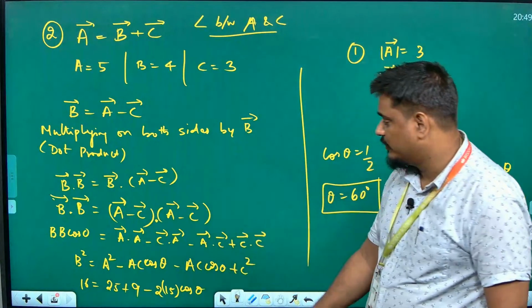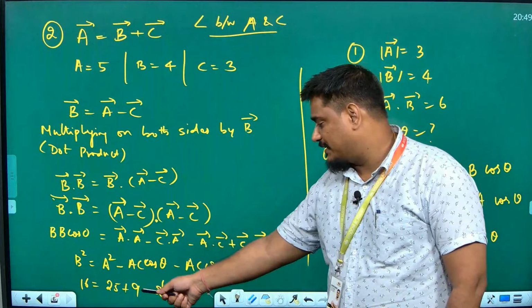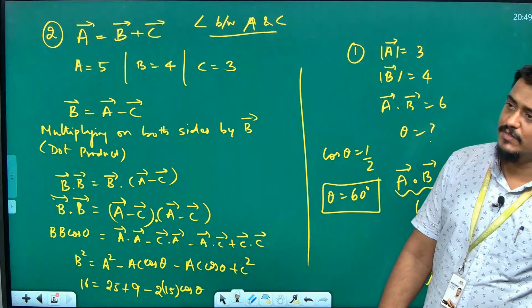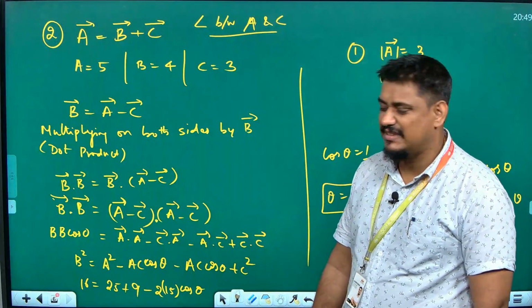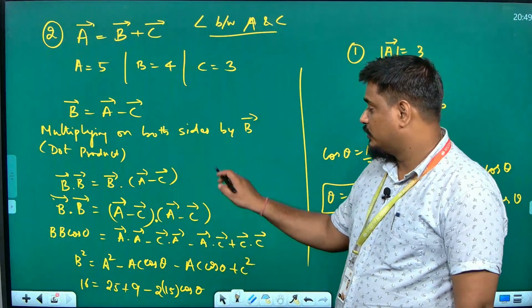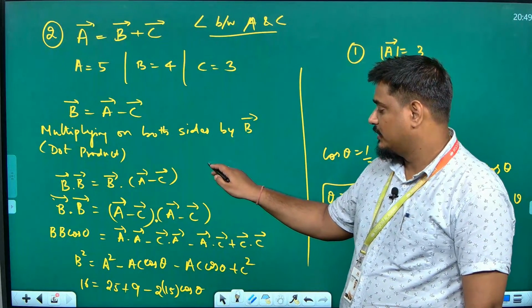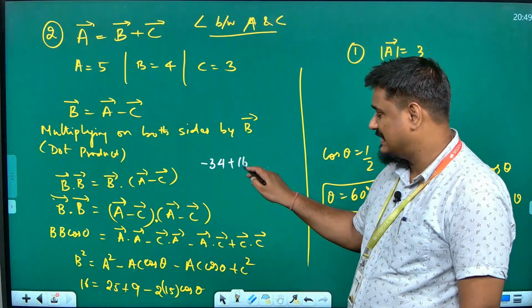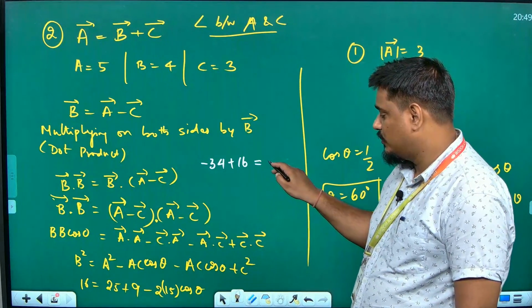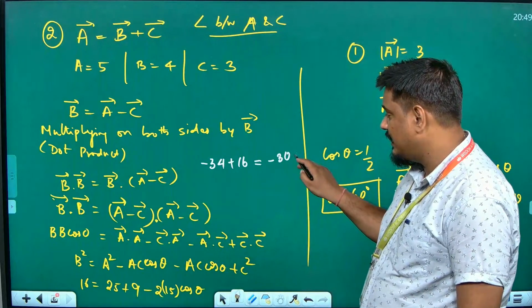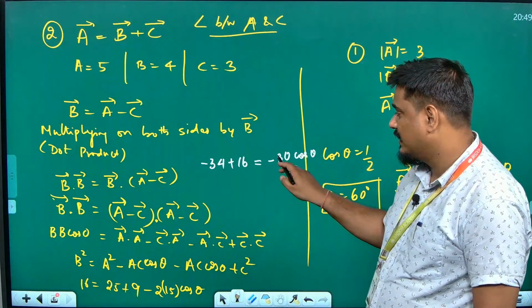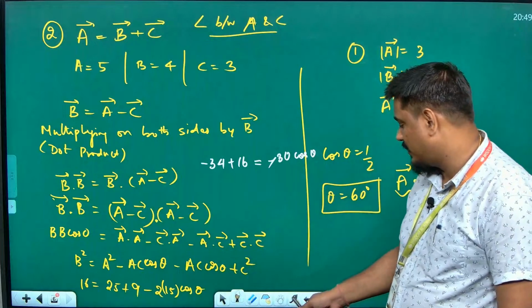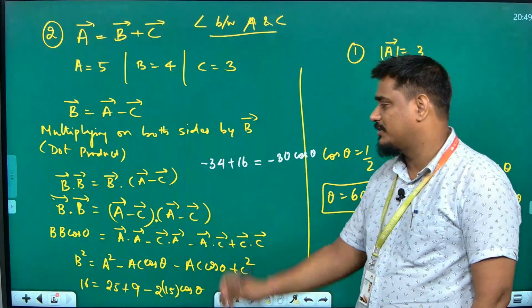After this, what you will do? 25 plus 9 is how much? 34. So it will become minus 34 plus 16 is equal to minus 30 cos theta. The value of this will be how much?